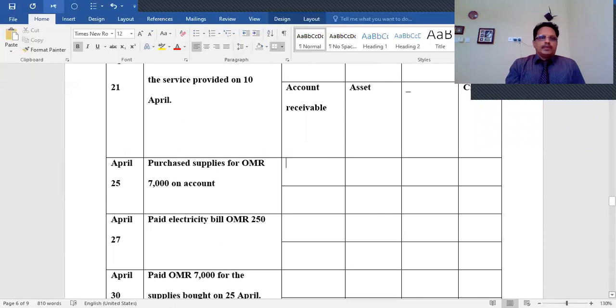Then we'll go to the purchase of supplies for OMR 7,000 on account. You purchase supplies, any type of material supplies, and on account, the money has not been paid. So you know already supplies are purchased, it cannot be considered goods, so it is better to write supplies.